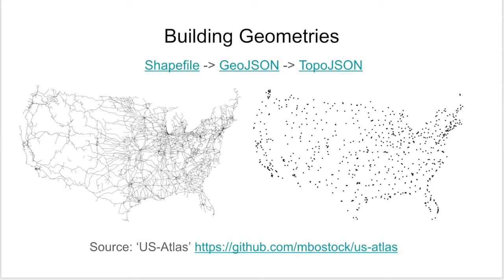It pulls down the shape files from different organizations, mostly the U.S. Census Bureau and a few others. It's a really great thing to look at and see where you get these files from, and you can run these commands whenever you need to. They do update on occasion.